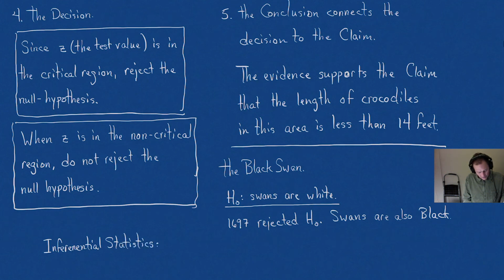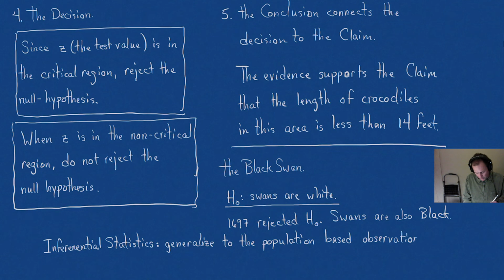And what that is, is we generalize to the population based on observations. So we make observations, or in our case, we're statisticians, so we don't call them just observations, we call them data.